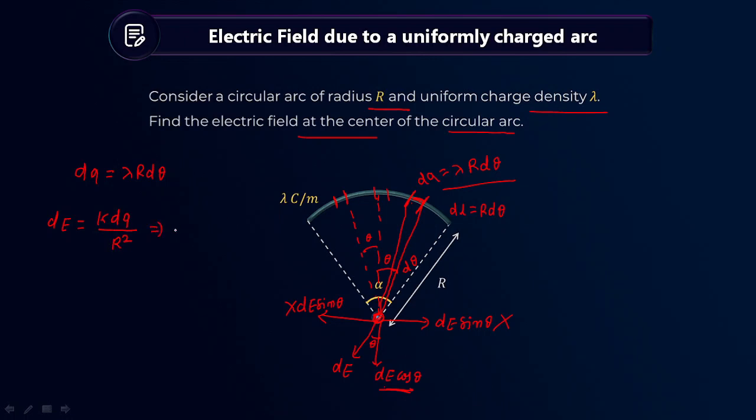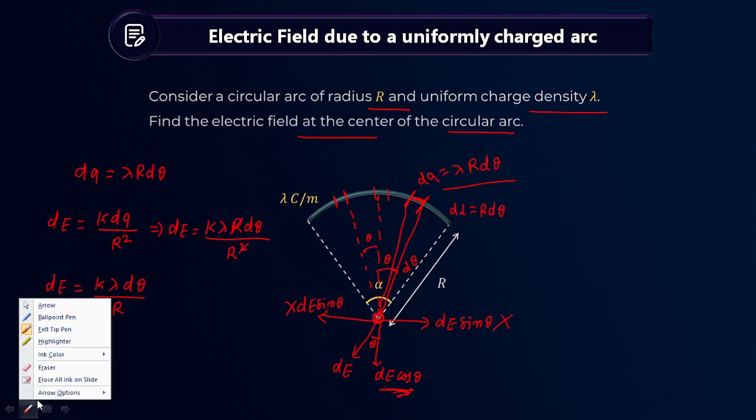So from here, can I say that dE will be equal to k lambda r d theta divided by r square. So this square and r we can cancel. So we have now dE equal to k lambda d theta divided by r. Now we know that only the cos theta component will get added and sin theta will get cancelled.